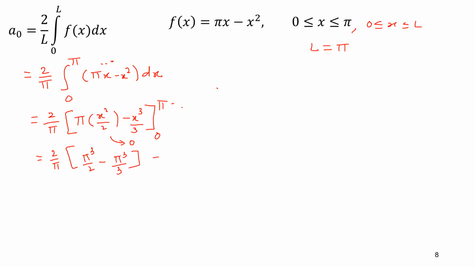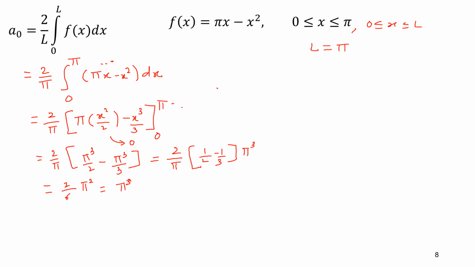If we calculate this, it will be 2/pi, then pi cube is common, then this will be 1/2 minus 1/3, and finally one pi gets cancelled, so it is 2/6 into pi square, that is pi square by 3.